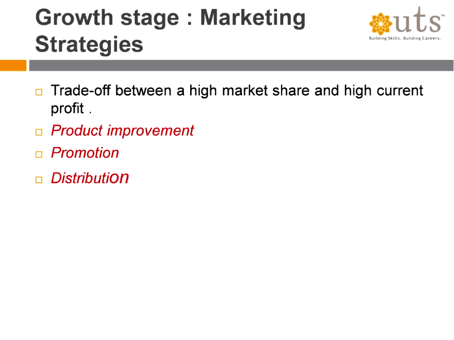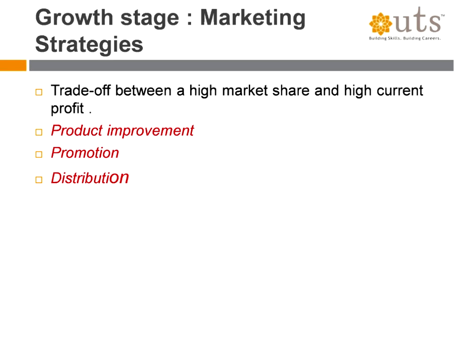For example, you can see Surf Excel is now in the growth stage, so it comes daily with some product improvement. It has launched Surf Quick Wash. It has launched Surf for top door machines. It has launched Surf for front door machines, and so on. It comes with promotions also: buy Surf and get something free.